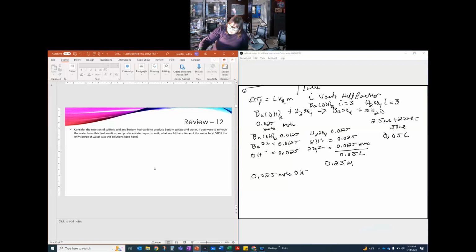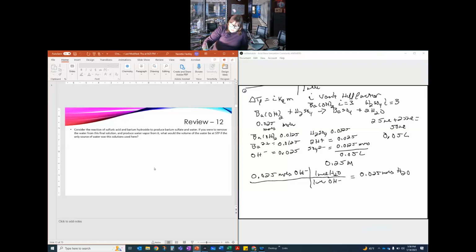So I'm not going to do the calculation twice, even though they're exactly the same. 1 mole of OH minus is in 1 mole of H2O. Okay? So that means I get 0.025 moles of H2O. If we remove that, produce water vapor, that tells me how many moles I have.